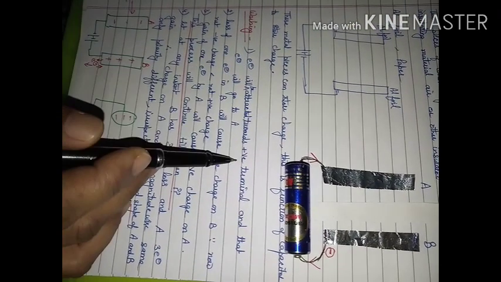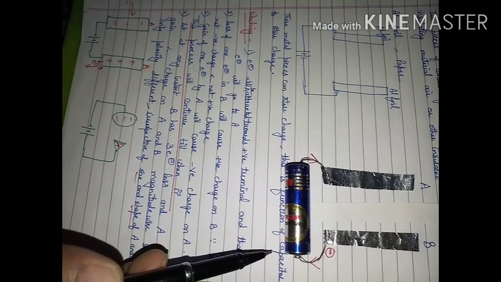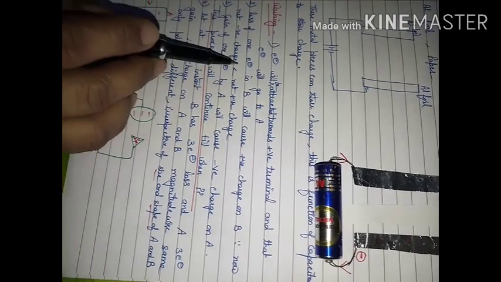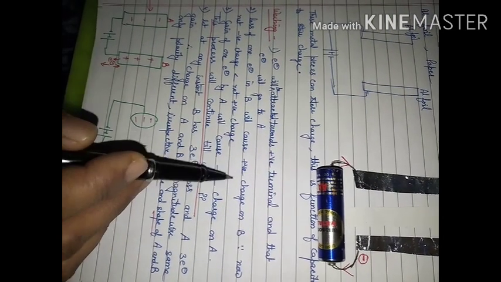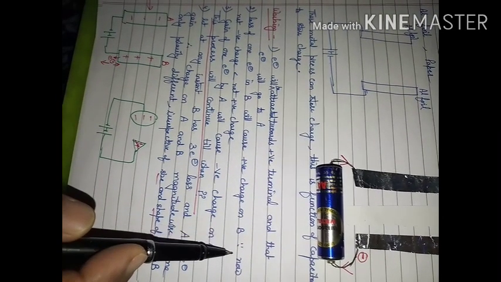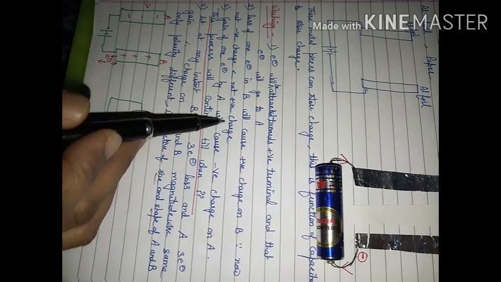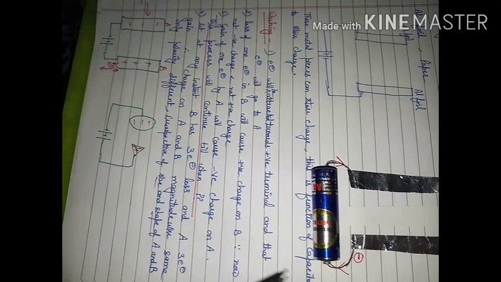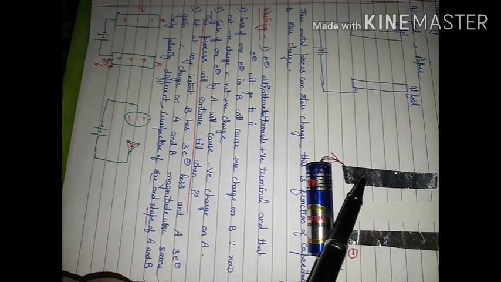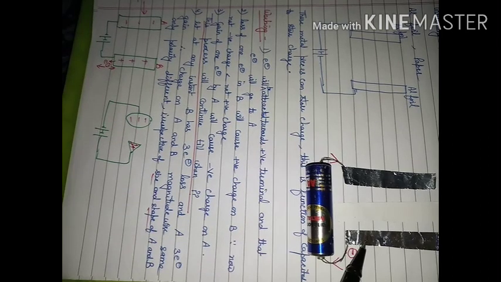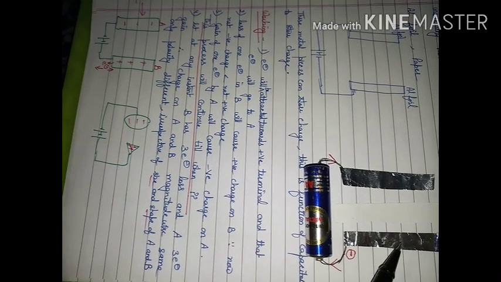So we are repeating the steps. Electrons will be attracted towards the positive terminal and go towards plate A. Loss of one electron in B causes positive charge on B, because the net negative charge is now less than the net positive charge. Gain of electron on A gives negative charge, and loss of electron by B gives positive charge.